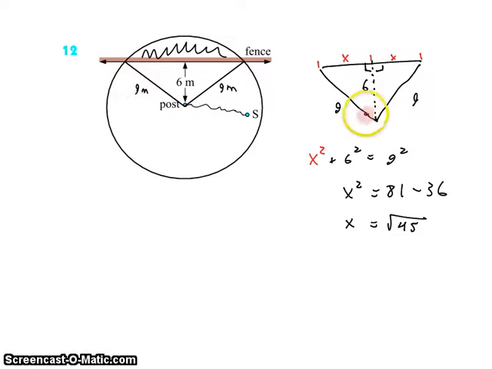To do that, I need this angle. Let's call it theta. Theta is going to come from this angle. Let's call it phi. That's this angle here, phi. So ultimately I need phi.